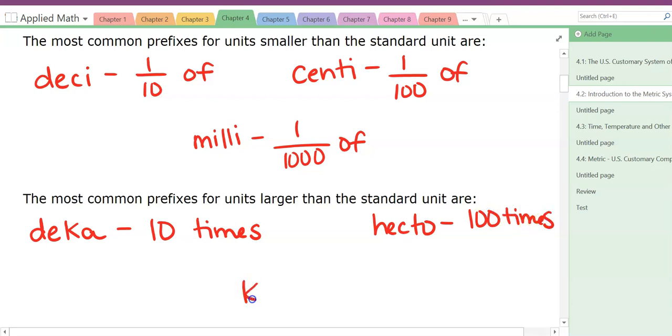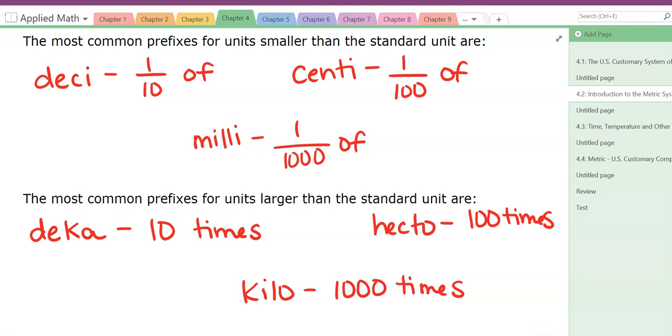And then the last one is kilo, which would be 1,000 times. We use these prefixes a lot to talk about the different ways that we can measure. If you're measuring really small items, you're probably using a centimeter or a millimeter, or a milligram. And if you're using a bigger unit of measurement, that's when you'll see things like decagram, hectoliter, kiloliter, kilogram, kilometer.